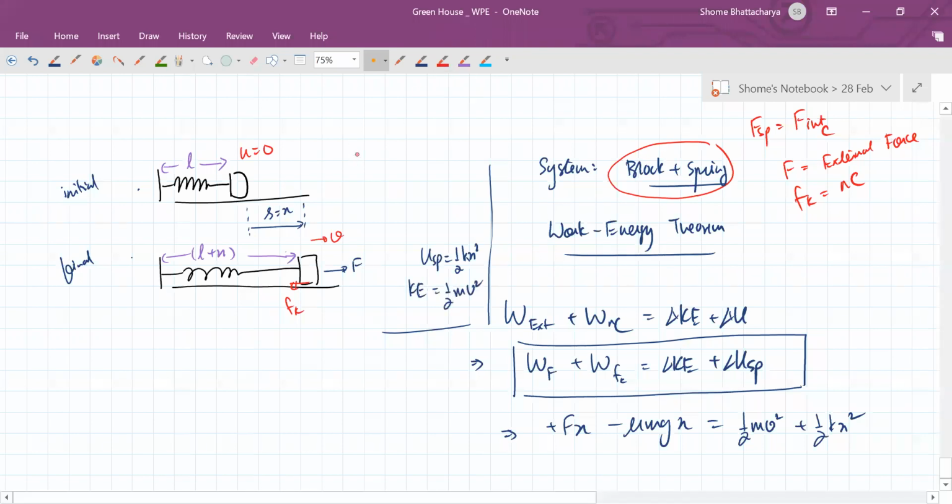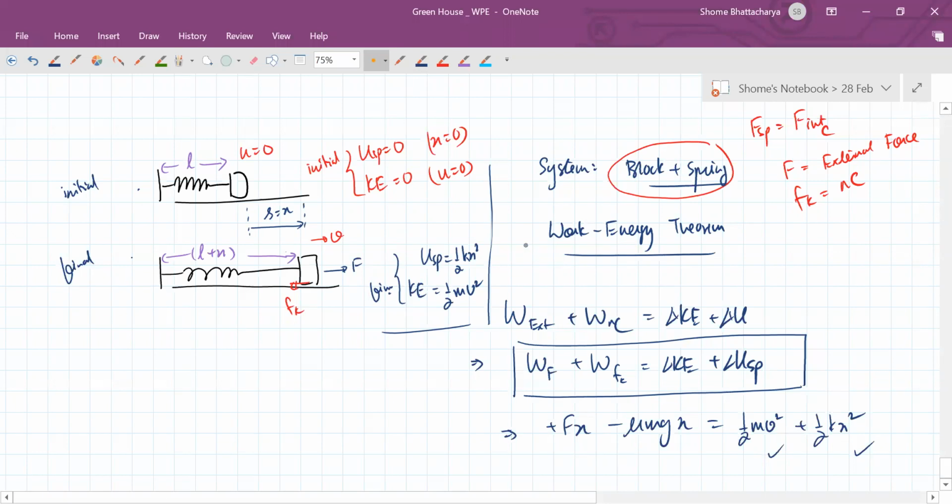Whereas in the initial picture, the potential energy of the spring was zero because x was zero, and the kinetic energy of the block was zero because the initial speed is zero. So these are the initial values and these are the final values, and accordingly we have written this term and this term.